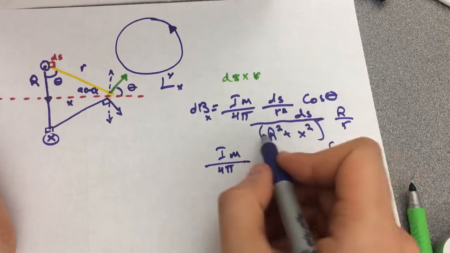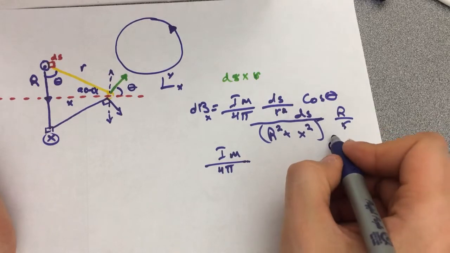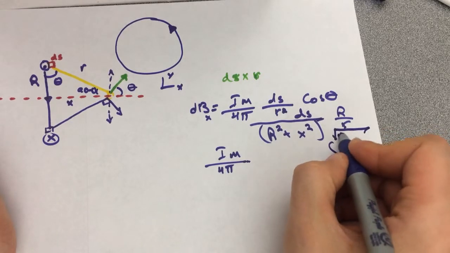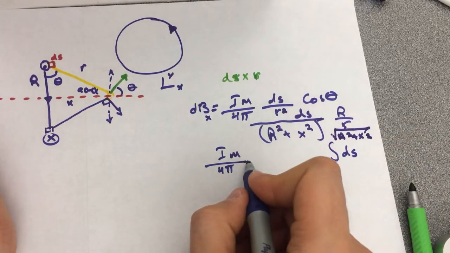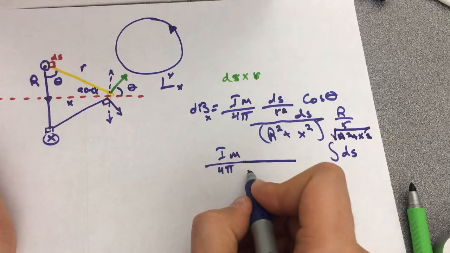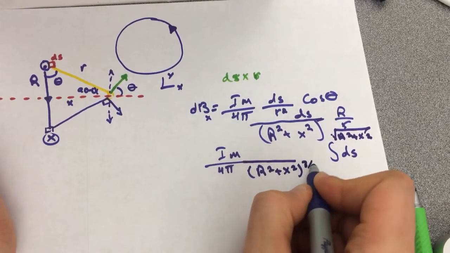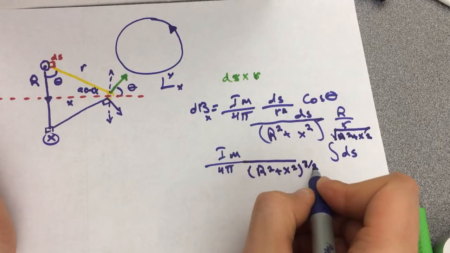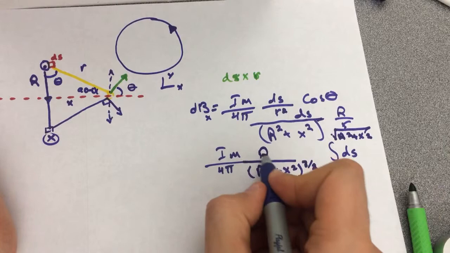When we do the r squared, the r here will be equal to the square root of R squared plus x squared, right? So when we multiply those together, we're going to have R squared plus x squared to the power 3 divided by 2, and we have here the R.